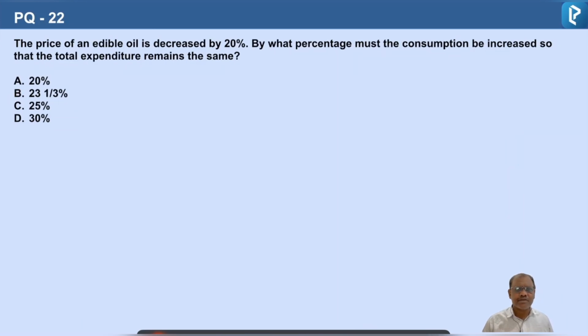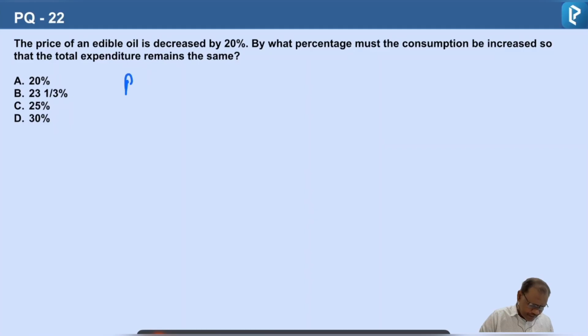Question number 22. The price of an edible oil is decreased by 20%. By what percentage must the consumption be increased so that the total expenditure remains the same? So even this question is similar.